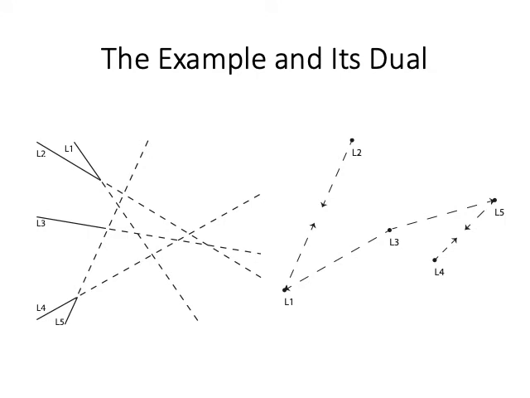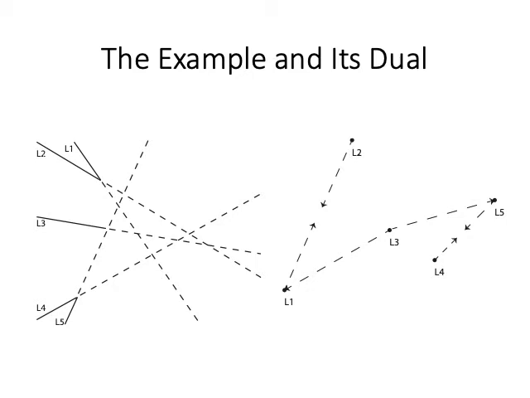This is back to our example of line arrangement. On the left is the set intersection of the upper and the lower horizon trees. On the right is the dual arrangement. L1 and L2 form a ready pair. In the dual arrangement, the upper hand of L1 points at L2, and the lower hand of L2 points at L1.